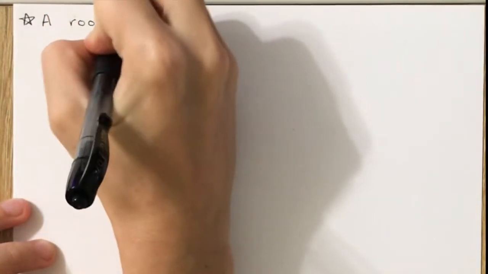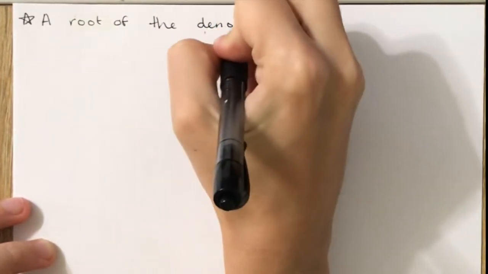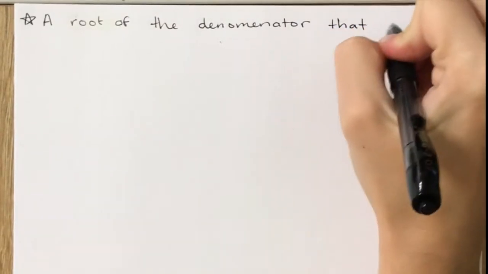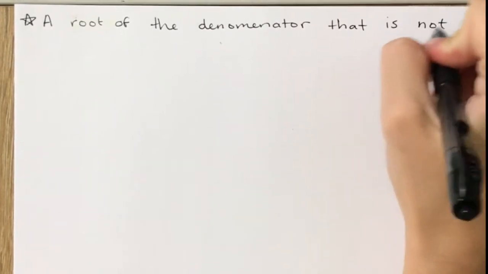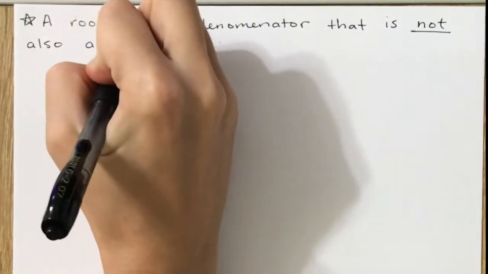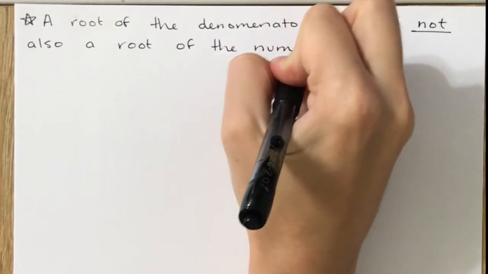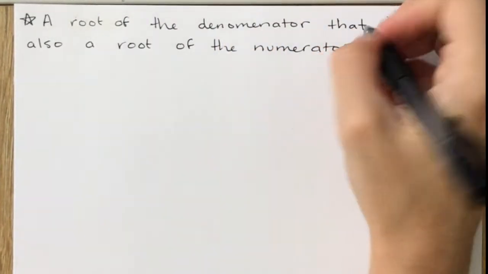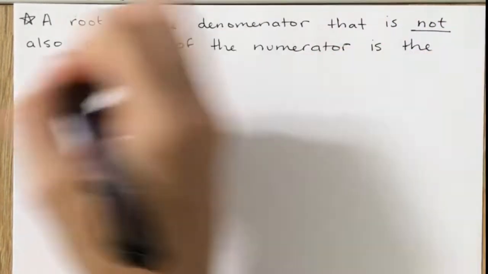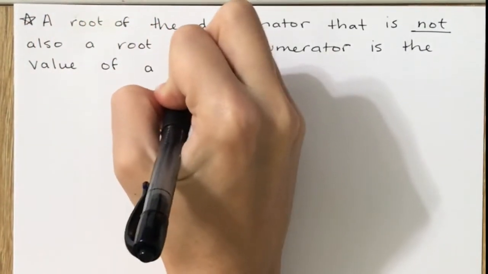A root of the denominator that is not also a root of the numerator is the value of a vertical asymptote.